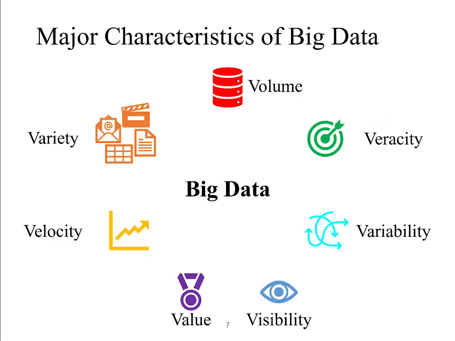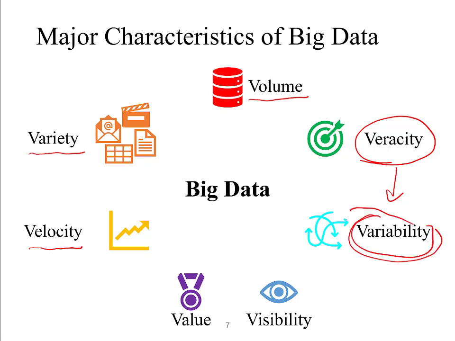So in Monday's class, we explained the volume, variety, and velocity. Today we will start from veracity and variability, visibility, and we will conclude the 7 V's with value.